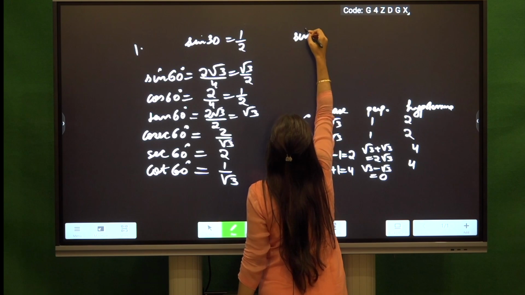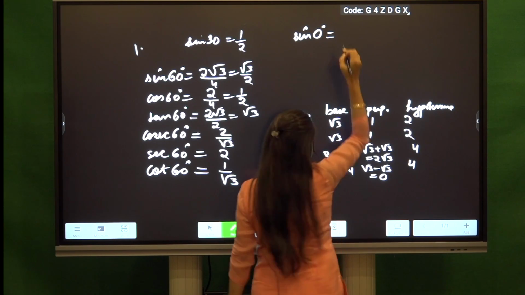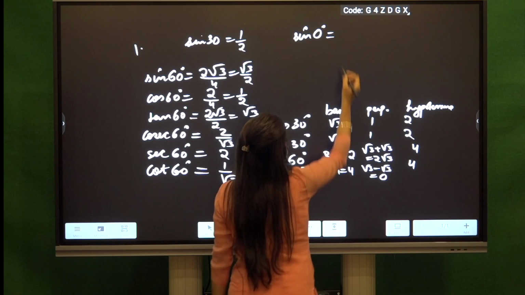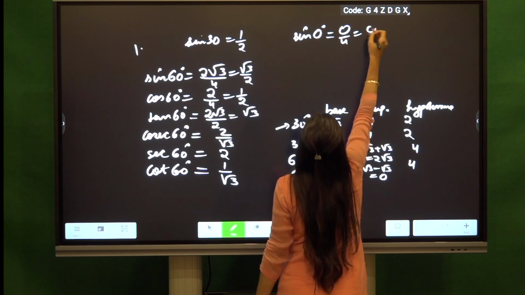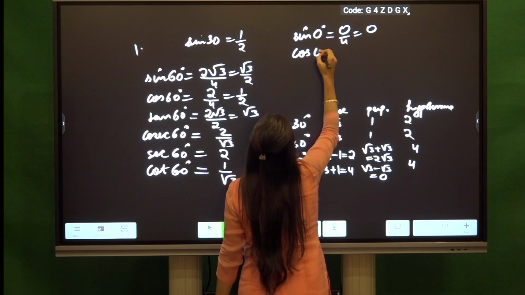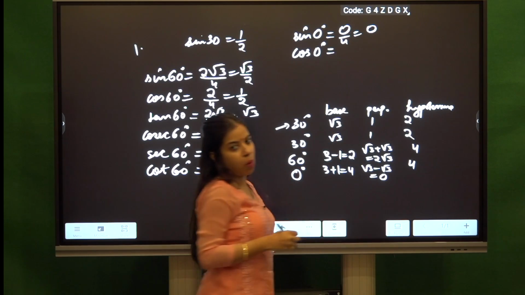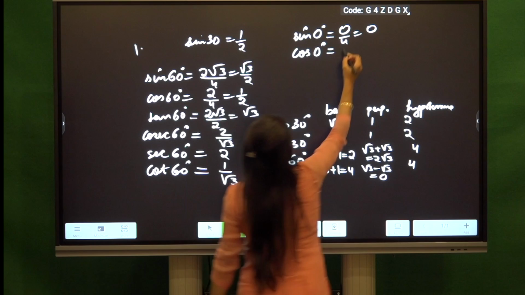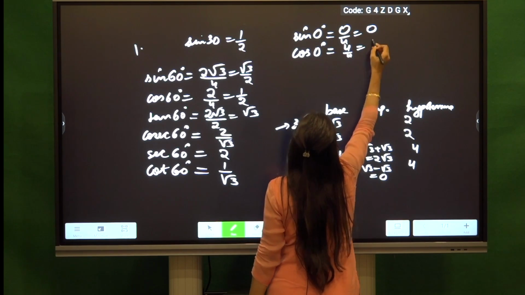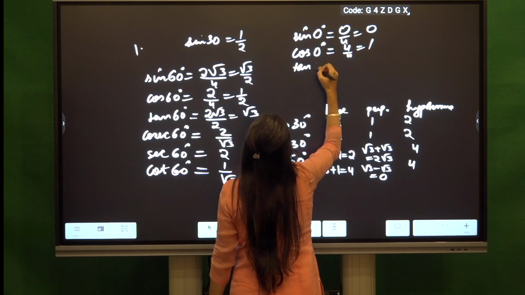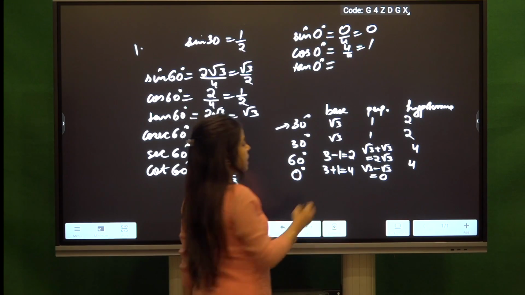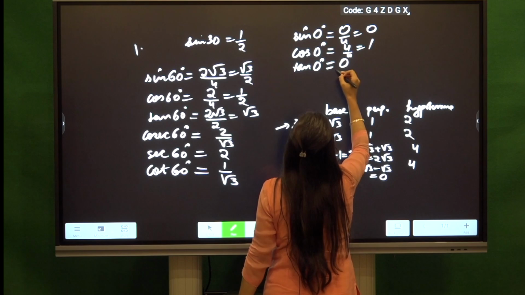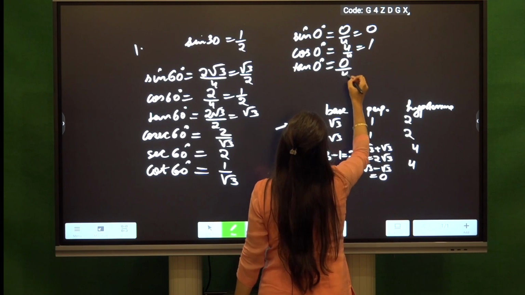So, sin 0 is perpendicular upon hypotenuse, that is 0 by 4, which is 0. Cos 0 degree is base upon hypotenuse, which is 4 by 4, which is 1. Tan 0 degree is perpendicular upon base, which is 0 by 4.